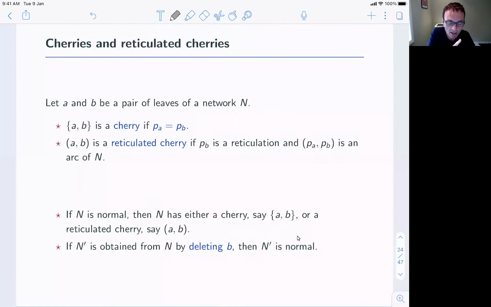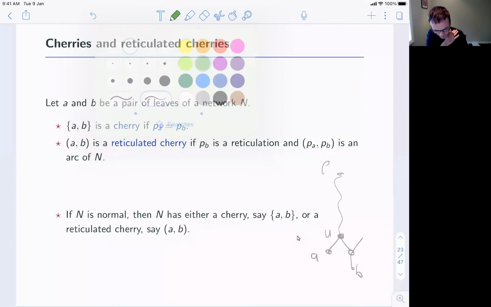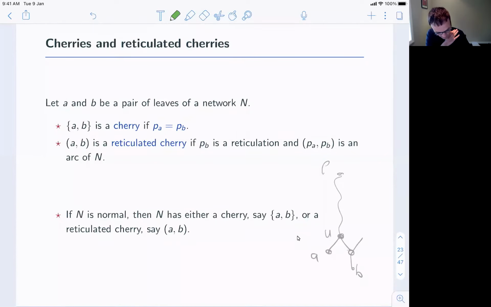And what we'd like to do for the reduction, for many of you that'll be familiar, a natural choice, if you've got a cherry, is to simply delete B and suppress that degree 2 vertex. That's a normal network. And in the case of a reticulated cherry, the natural thing is to delete that reticulation edge, P(A)P(B), and the resulting thing is also normal. But in this case, we're not going to do that.